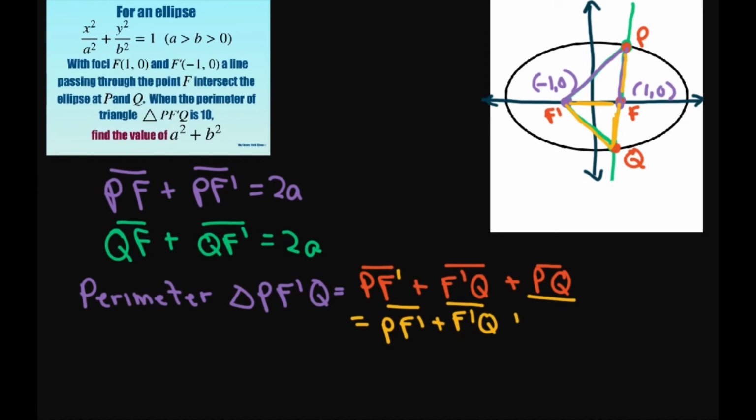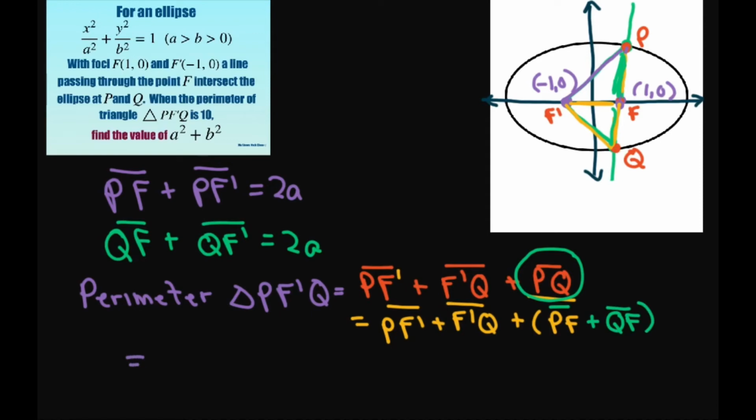So I'm going to substitute that in and write this as the length of PF, this one right here in green, plus the length of FQ, this one. That equals all of that.